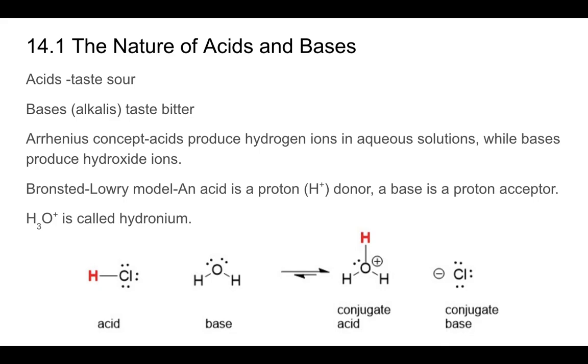Not that we go about drinking or tasting laboratory acids, but we do have a number of acids in our food: citric acid, acetic acid, and vinegar. And these do give sour taste to our foods. So acids taste sour is one characteristic of an acid.